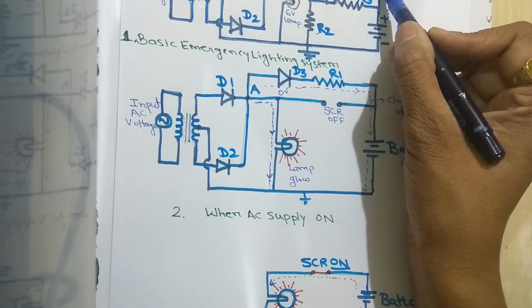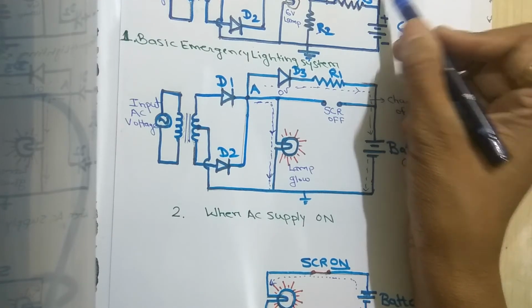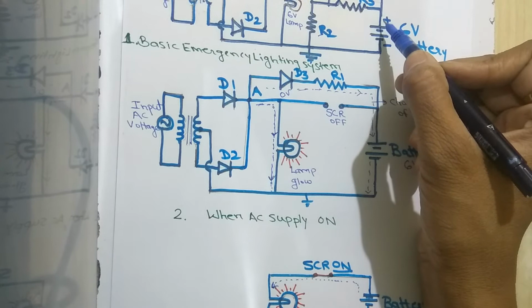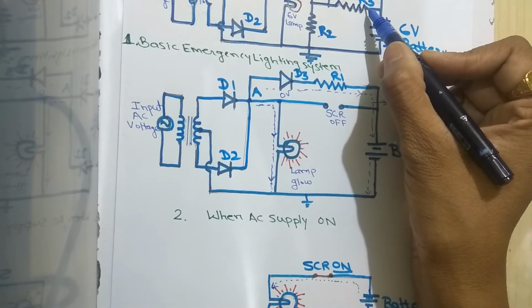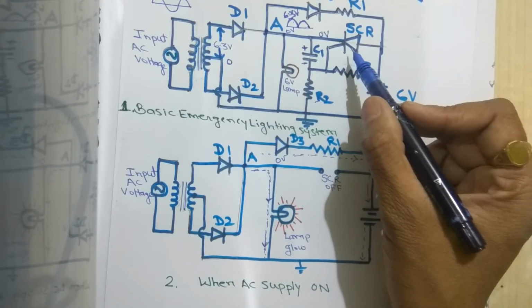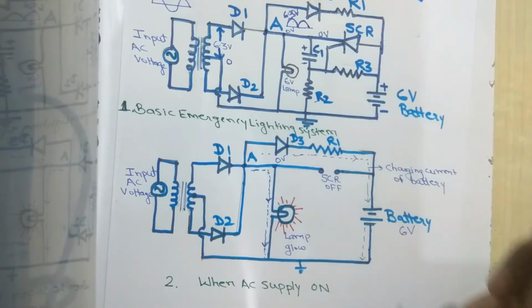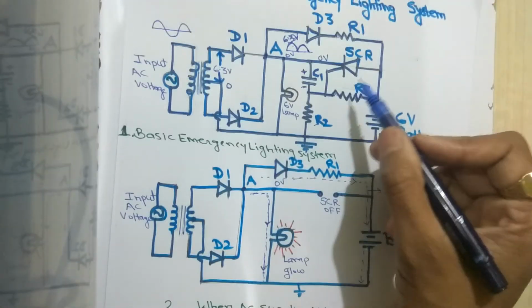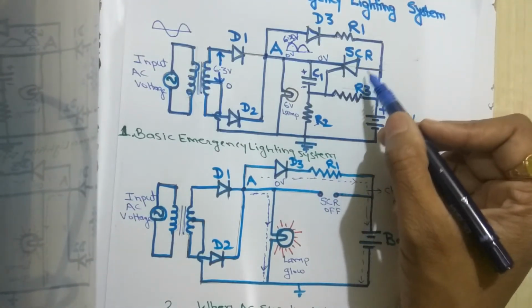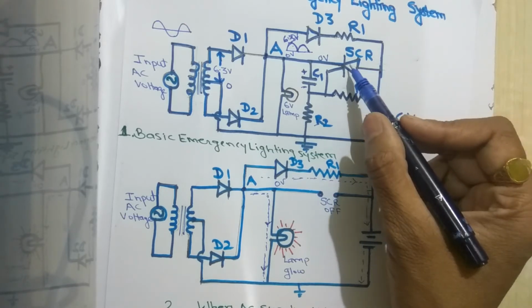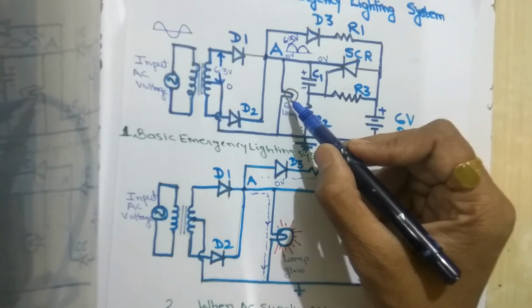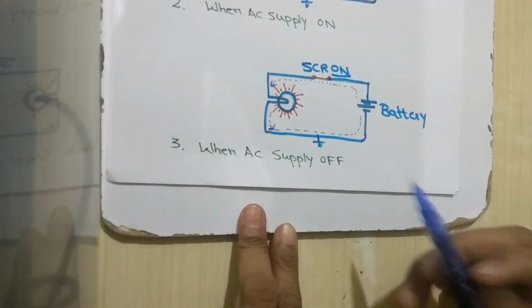Because of this, the SCR is in the forward conducting mode, and when the proper gate voltage is applied through R3 to the gate of the SCR, the SCR is triggered or turned on. Whenever the SCR is turned on, it is directly connected to the lamp circuit, which is shown in figure 3.